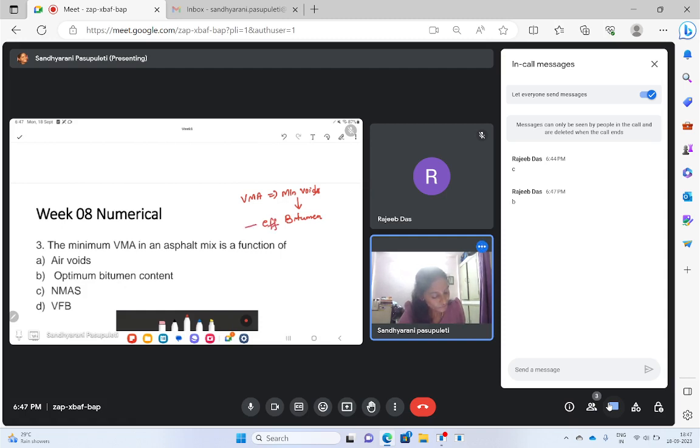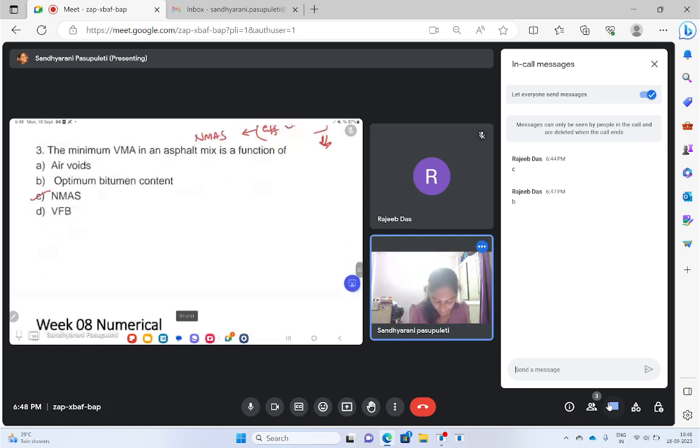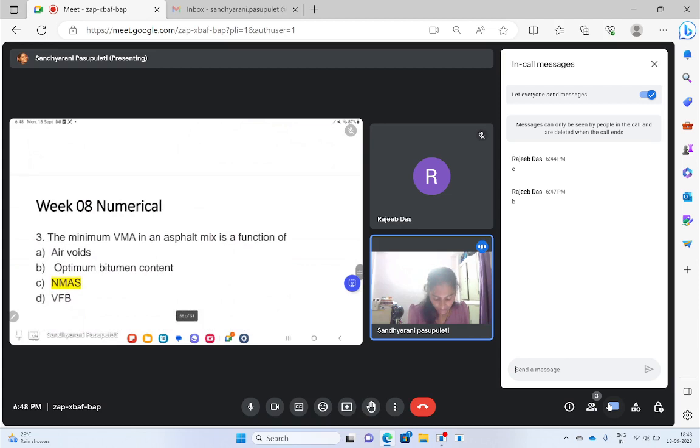So how much effective bitumen is required? It depends upon the NMAS. If the aggregate size is very small, then it will have more surface area. If it has more surface area, then it requires more bitumen to coat. So if it requires more bitumen to coat, then your VMA will be more. So the amount of VMA varies based upon the NMAS, the nominal maximum aggregate size. So option C is the correct one.